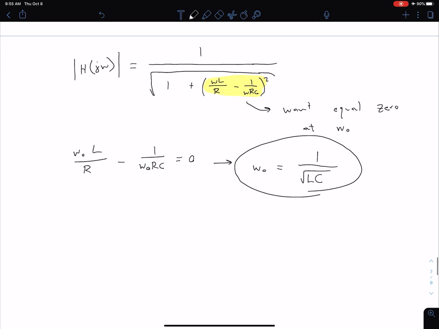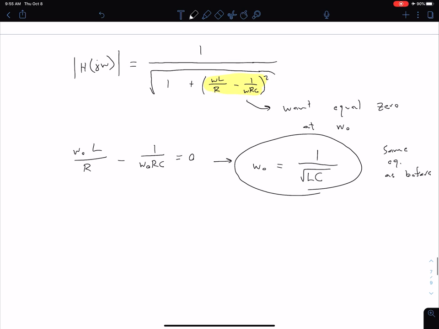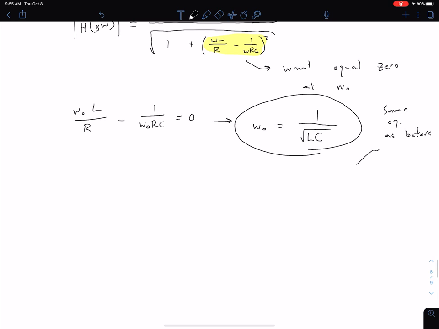We'll notice that this is the same equation that we had before when we were talking about frequency response. It's worth noting that all the other equations that we derived for series resonance are relevant here.